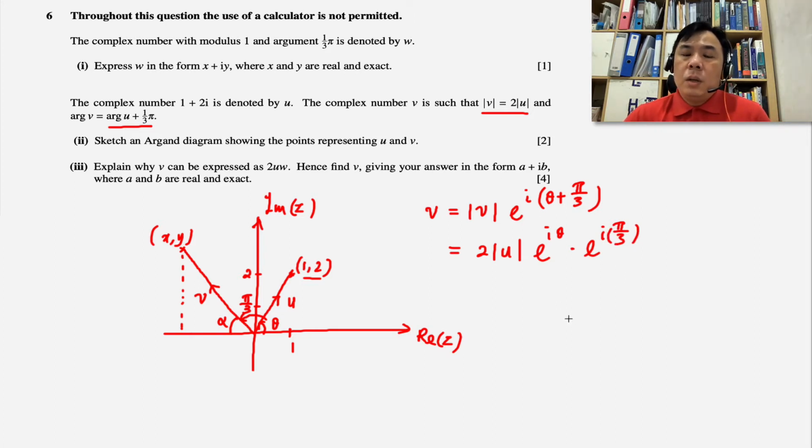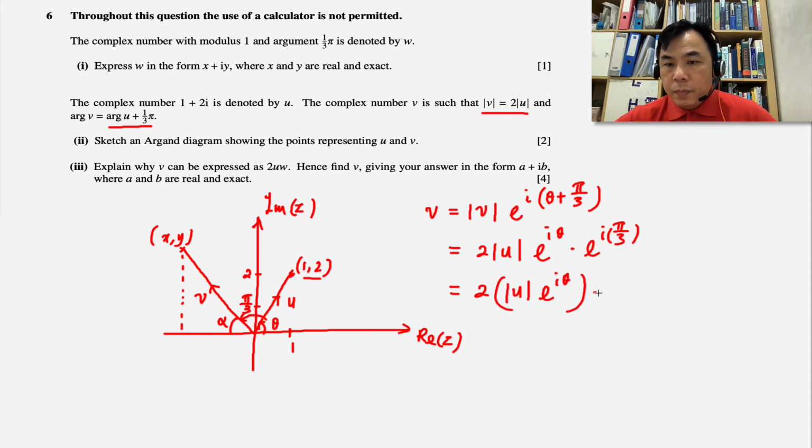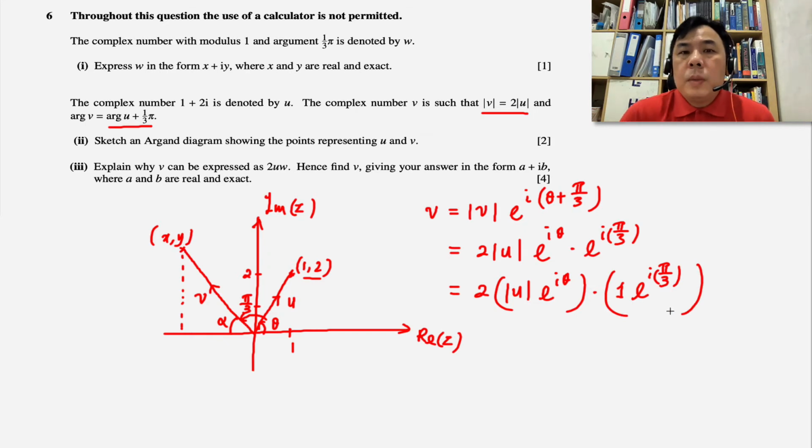This is how the complex number v looks like in Euler form. Then we can rearrange this as this. Now there you have it.